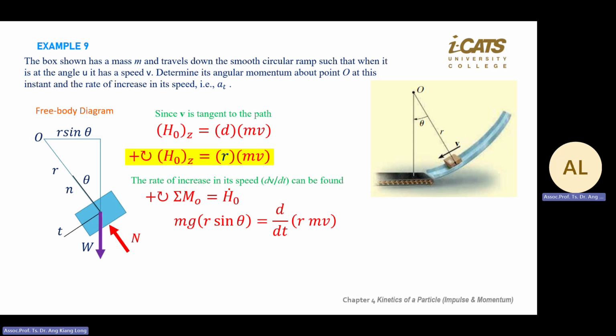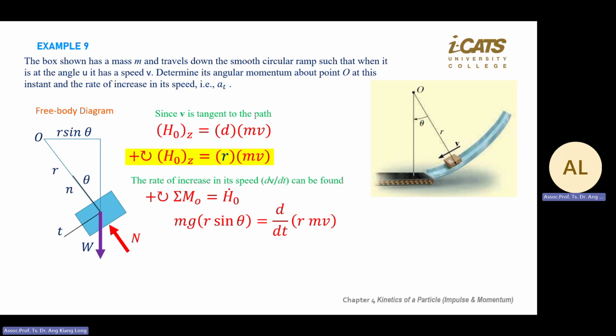So what you can do is split your W in the tangent direction. Why tangent direction? Because the definition of moment is force multiplied by the perpendicular distance D. So on the left-hand side, you do moment on the O. Done already.